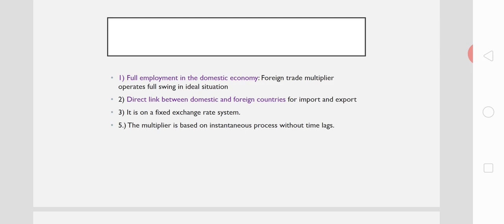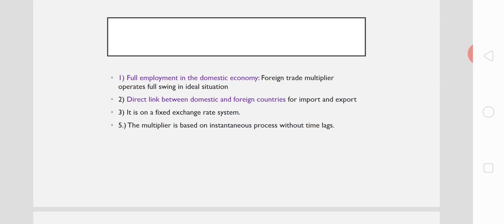Second, there is a direct link between domestic and foreign countries for import and export. That means there are no barriers to international trade; free trade is assumed here. Third, it is on a fixed exchange rate system and there is no exchange rate volatility.